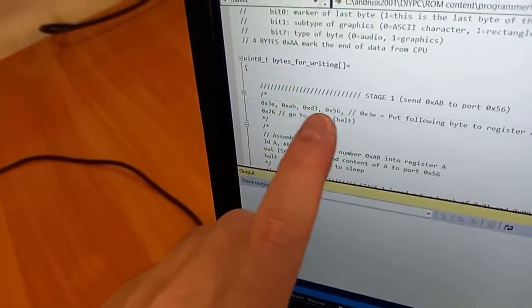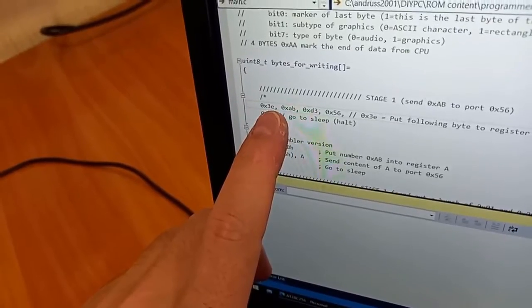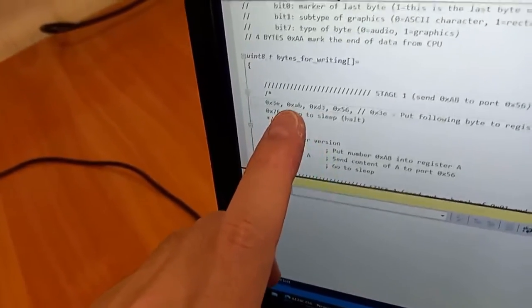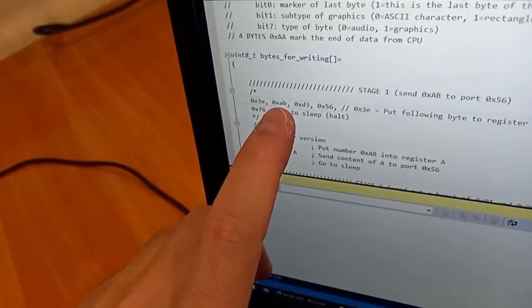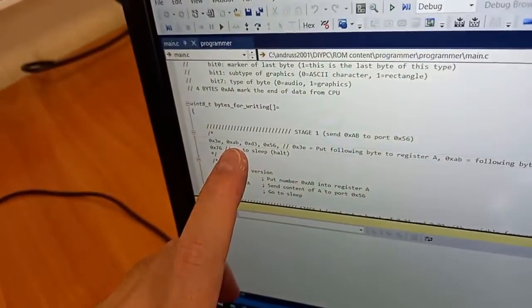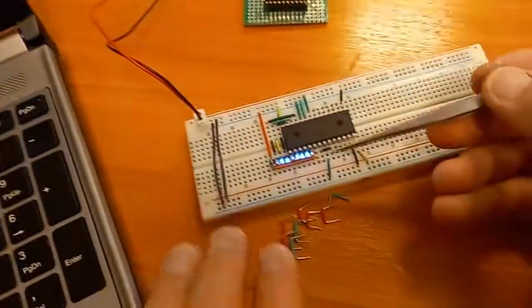So if we have written the program correctly, fine. If we succeeded writing the program, then we will have a number, not AB, but 1100 1100, as I remember.